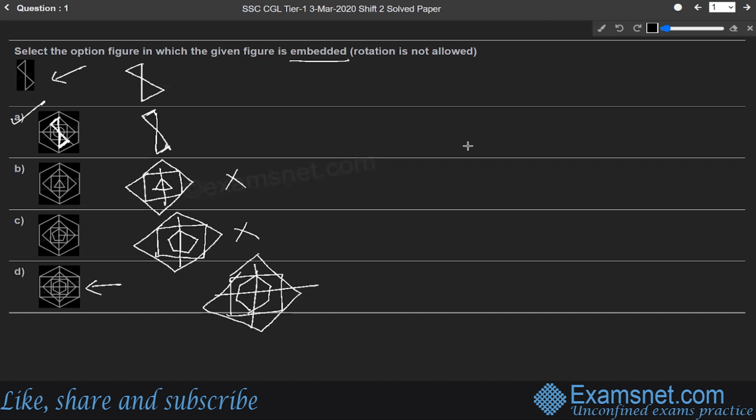Okay, so here also there is no sign of this figure. So this option is also not correct. That is why for this question, the correct option is option A. So I hope you are clear with the concept of embedded figure. It is simply a figure that is hidden inside another figure.